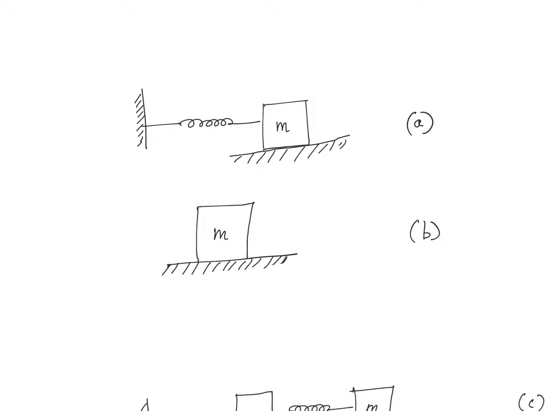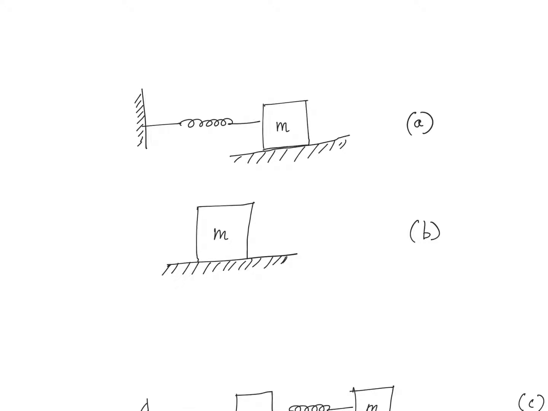What will happen? You expect vibration to happen in this case because there is a stiffness, a spring that is attached to the mass from the wall. So we expect this particular mass to vibrate after the initial excitation. But what happens when you give an initial excitation?